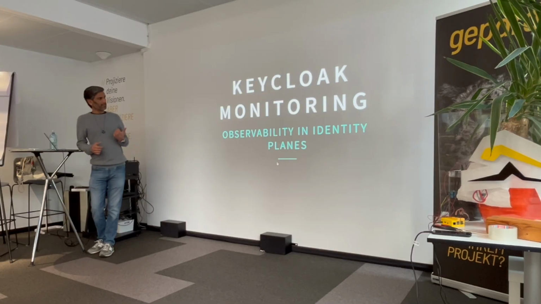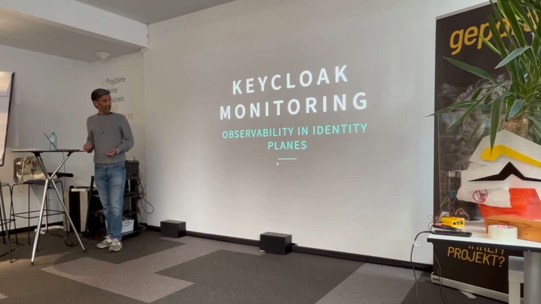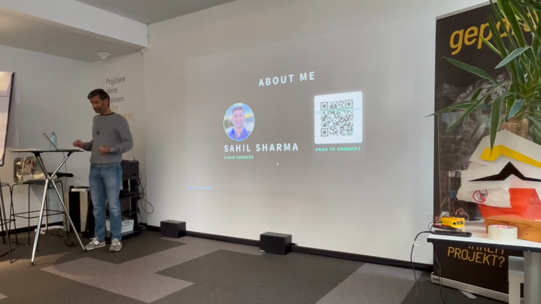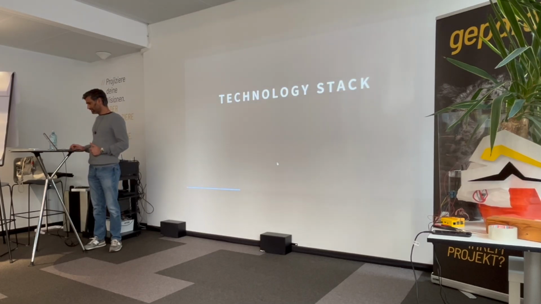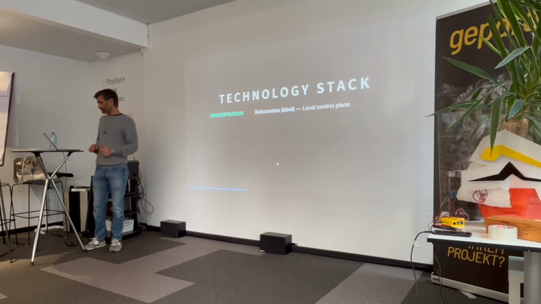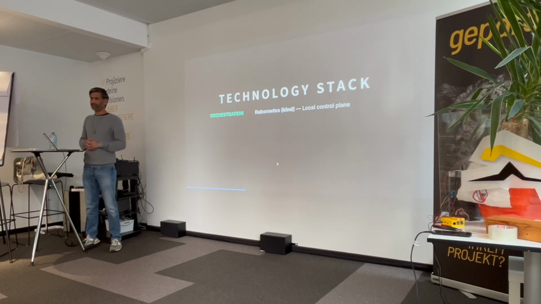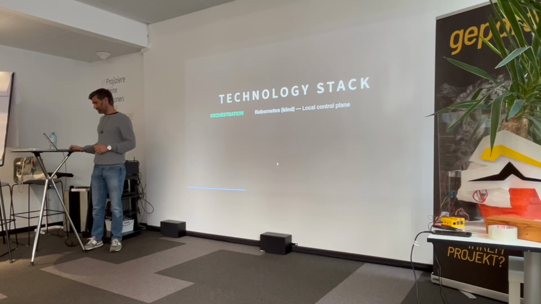So first, Keycloak monitoring and observability in identity planes. The technology stack which we are going to use will be deployed in a local kind cluster on my laptop. I'm not using any cloud provider, keeping things very simple.